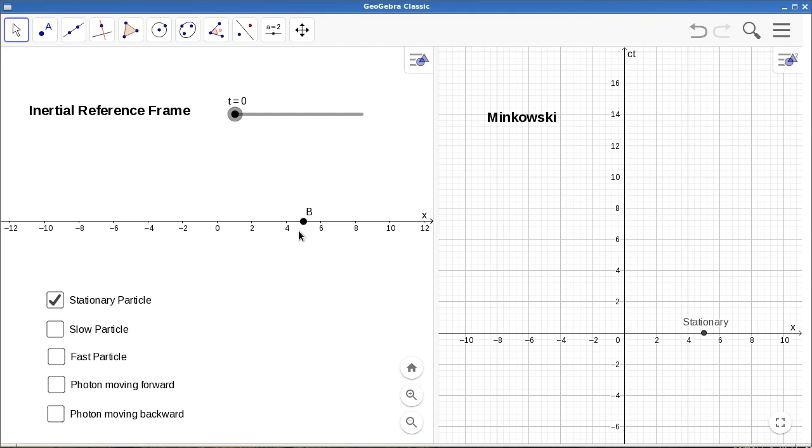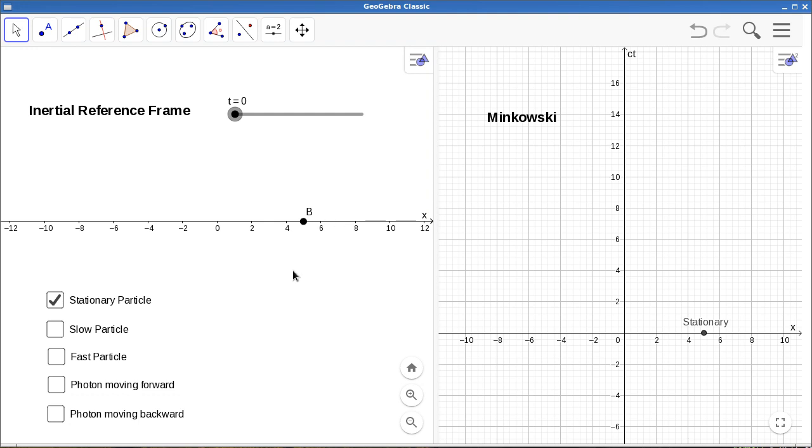Let B be a stationary particle, which doesn't move even if the time changes. You may ask, if the particle B is not moving, then where is the trajectory? What's the question of trajectory? Trajectory is the curve on which a particle moves.